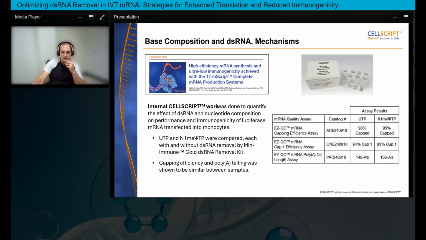And so some of the internal data that we've developed as part of our app notes that we'll release, we quantified the effect that double-stranded RNA and nucleotide composition will have on the performance of, in this case, a luciferase mRNA transfected into monocytes. Now, we chose monocytes for a very specific reason, because monocytes are very sensitive to immune response.